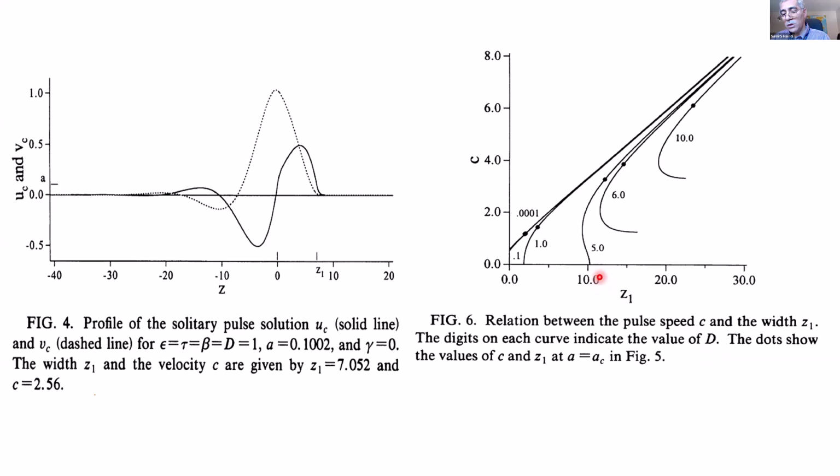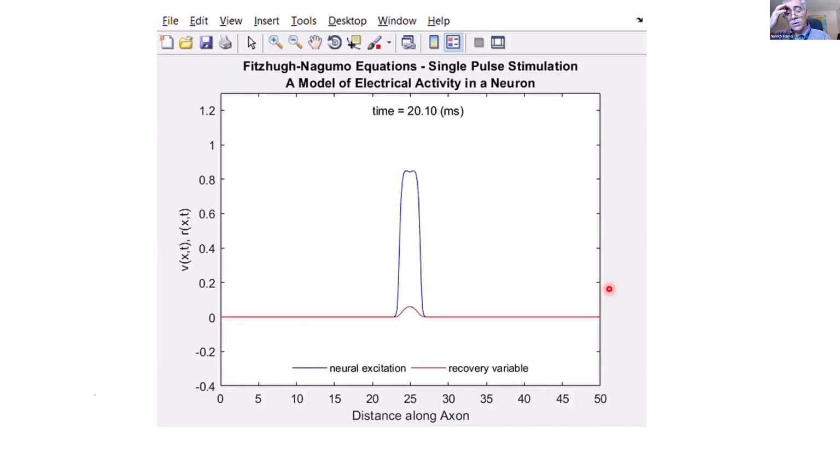This is really important because we were able to find this relationship between the celerity and the width of the wave. Now, using these solutions, we use MATLAB, or we can also use Maple, because Maple now has numerical solution capabilities for partial differential equations using the method of lines.